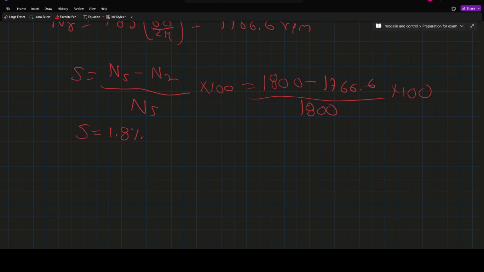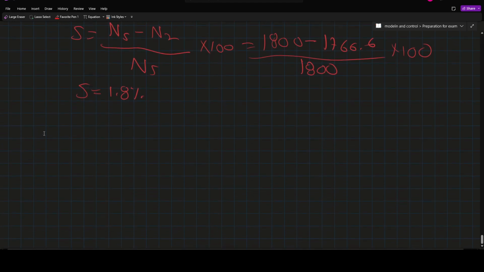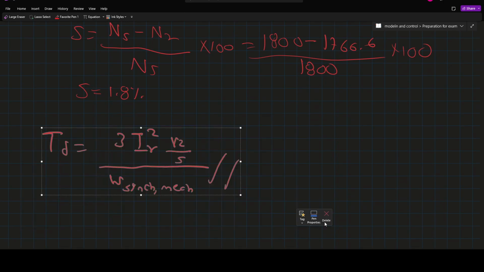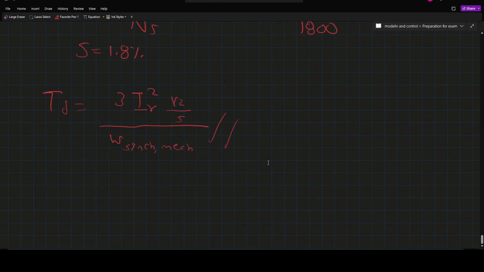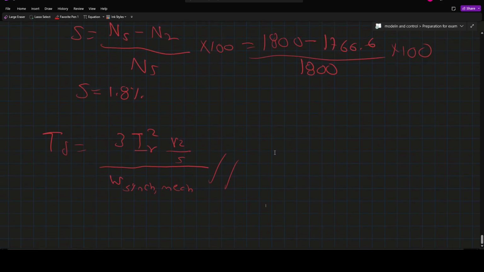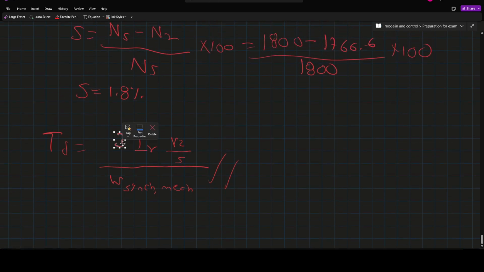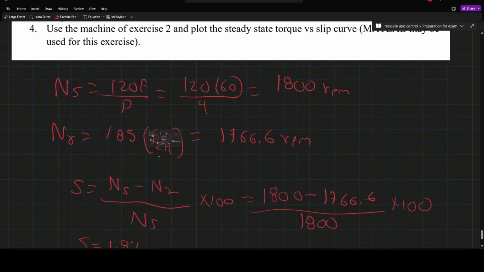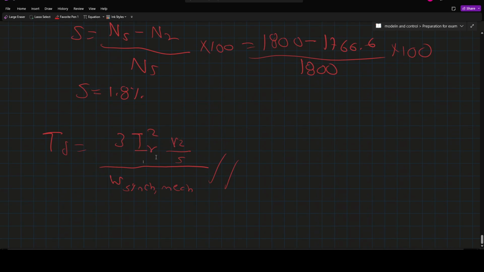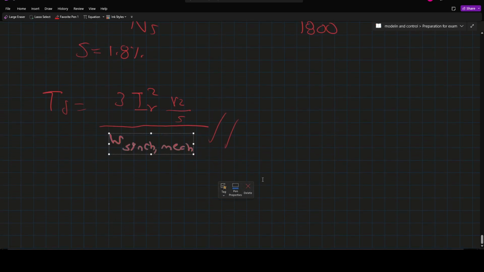And before we figured out that our steady state torque is given by this formula. So if we plug in the values, we have IR, remember we have IR in RMS because the formula was in RMS. We have our R2, we have our S, we have our synchronous speed in mechanical.